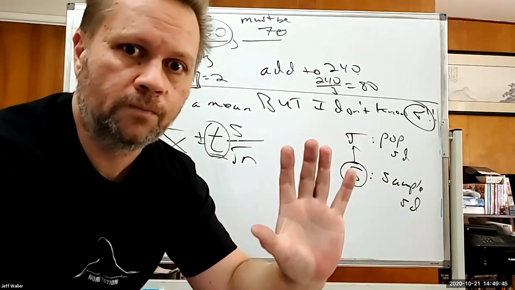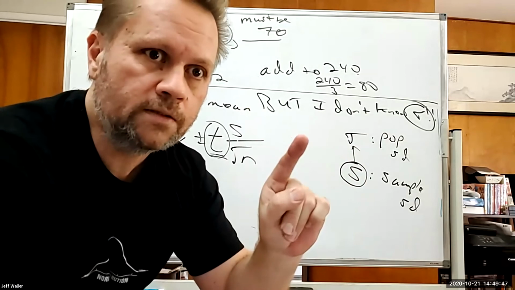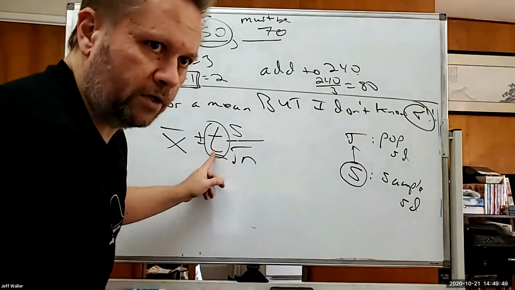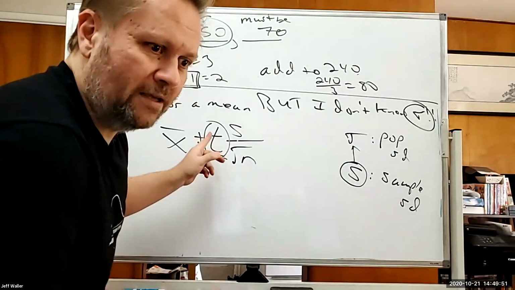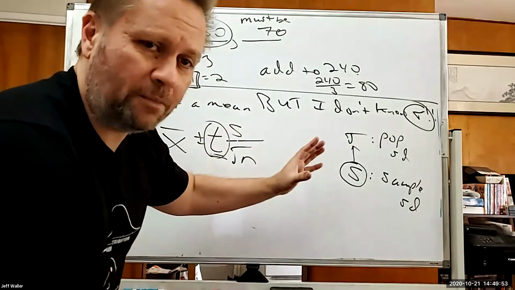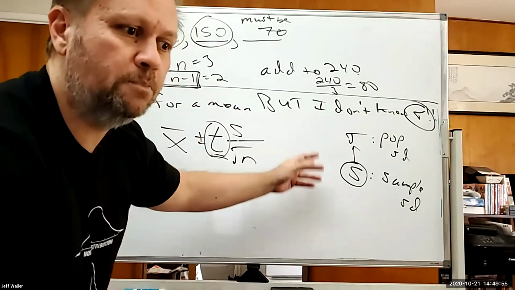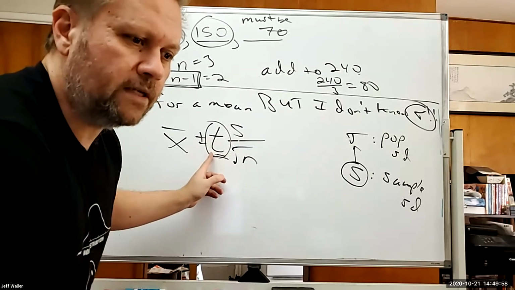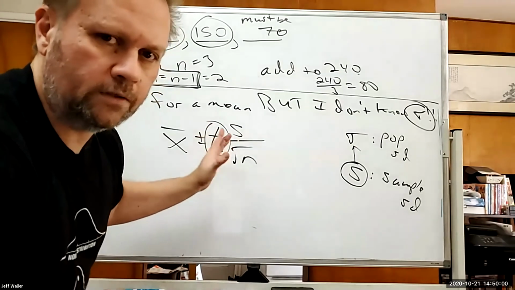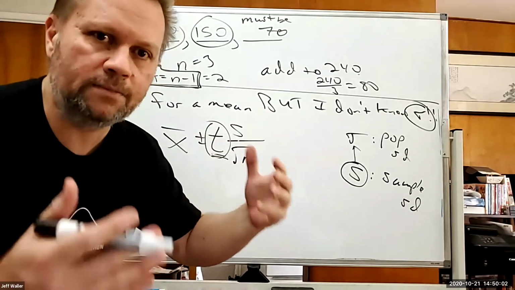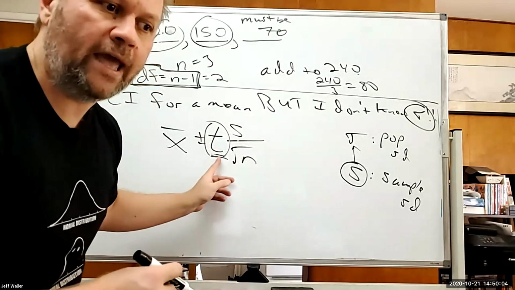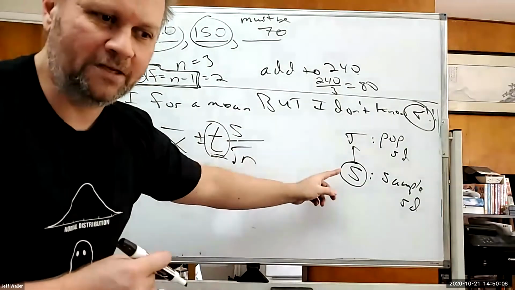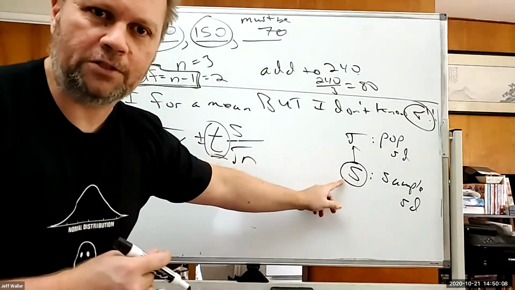Is that cool? Which means the t-score's job is more needed when my sample size is small. If my sample size gets bigger, this is going to get closer to the z-score because it's not needed as much anymore. It doesn't have to cover my ass as much if I'm pretty sure about this.